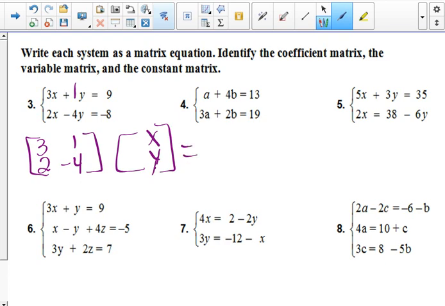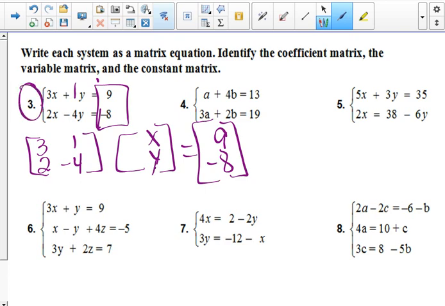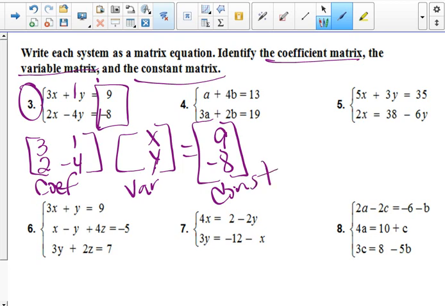And that's equal to our constant matrix, 9, -8. So there's problem number 3 written as a matrix equation. This is the coefficient matrix, this is our variable matrix, and the constant matrix. All right? Any questions?